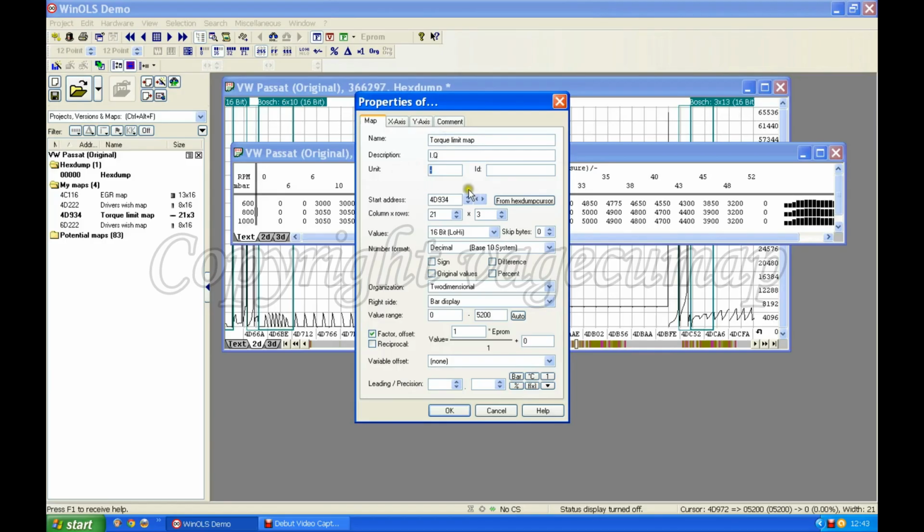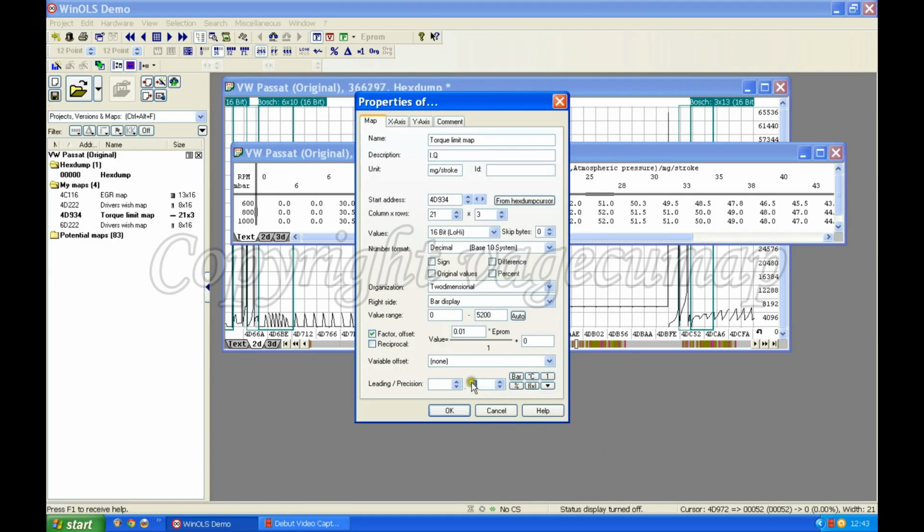The unit is probably going to be milligrams per stroke, which means that these numbers down here are probably not 3200, but are actually 32. So we probably want to make that 0.01 and get 32. And we probably want a value that makes some sense after the decimal point.